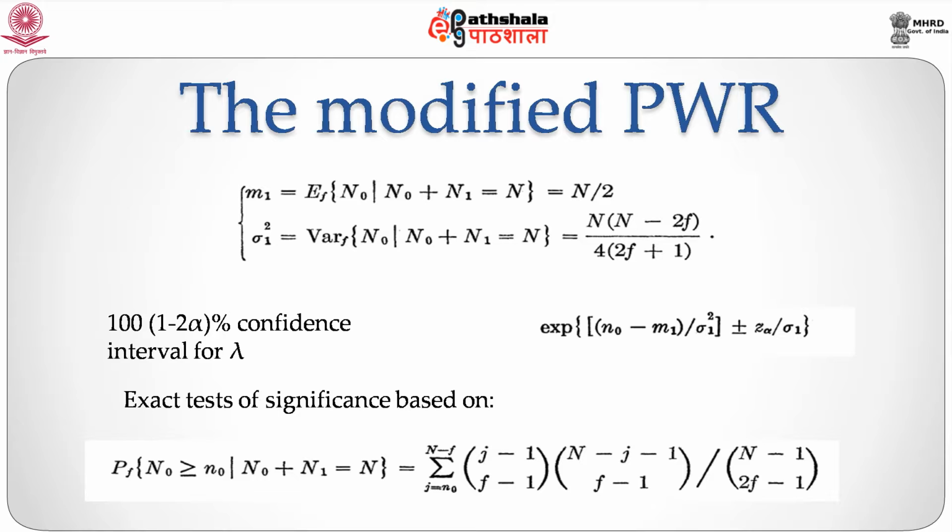This results in the confidence interval given on the third line of this slide. If we wish to perform exact tests of inference, then these can be based on the probability that N0 is greater than or equal to N0 given N. We can do this using the hypergeometric point probabilities.